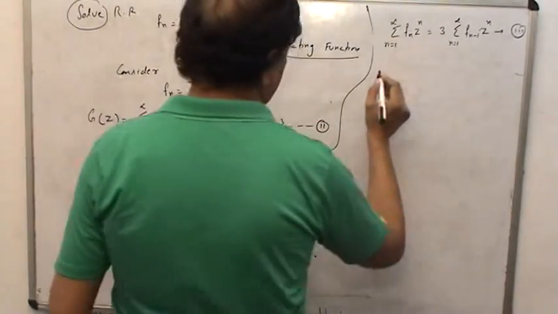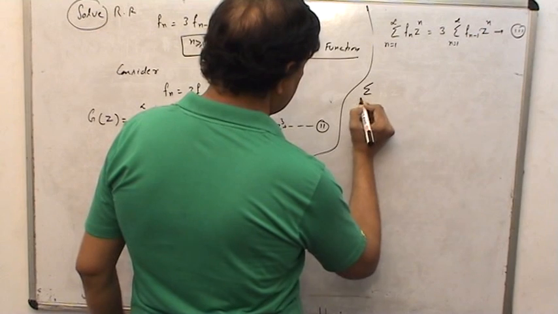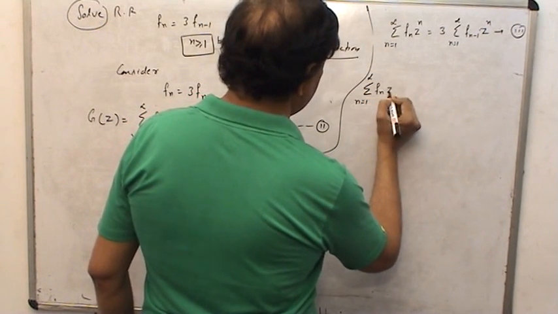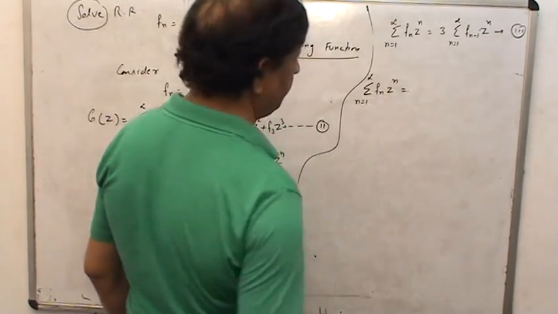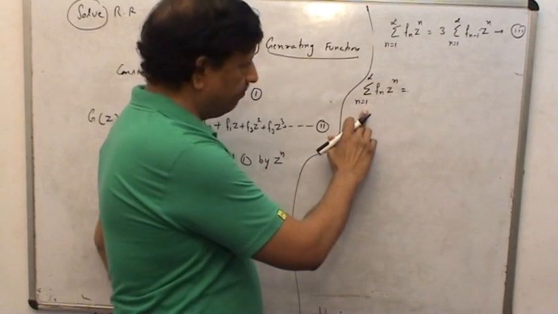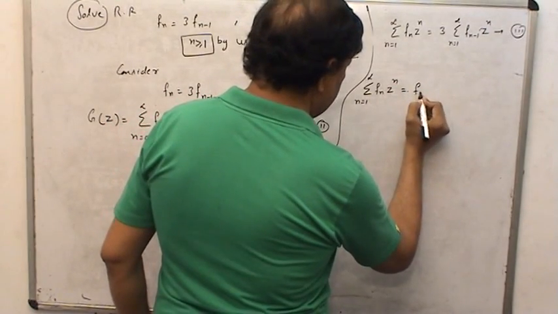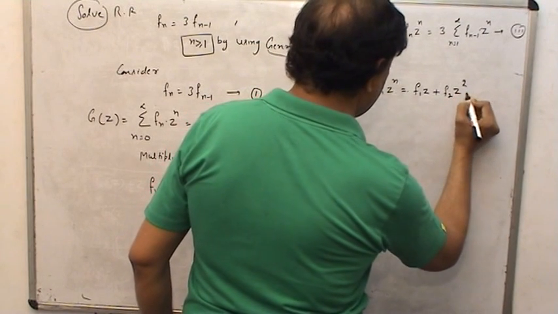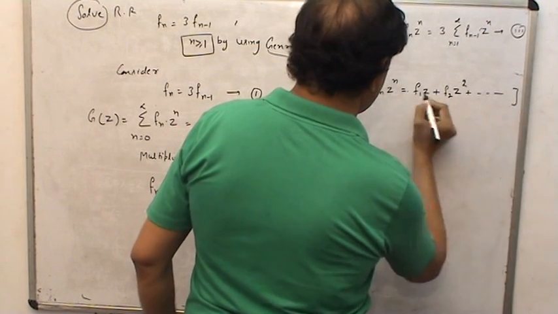Now, here we consider this sigma, n varies from 1 to infinity, Fn z raised to the power n. Start substituting values from 1. We will get f1 z plus f2 z square plus so on.